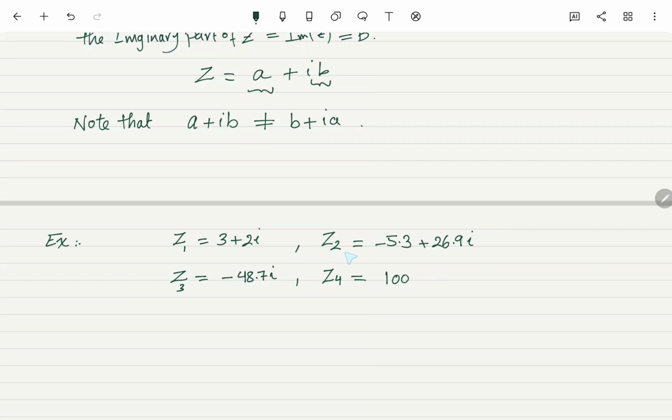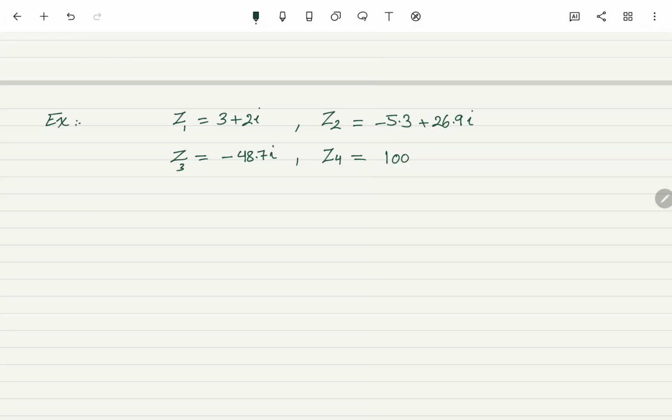So from these examples we can state that the real part could be 0, negative, or positive. Same thing for the imaginary part, it could be 0, positive or negative. Now rather than using a and b numbers, we use variables like x and y.